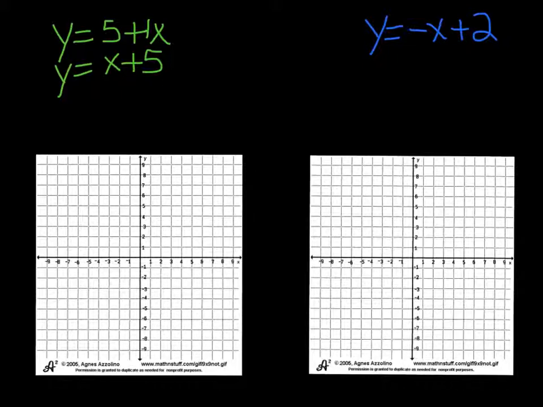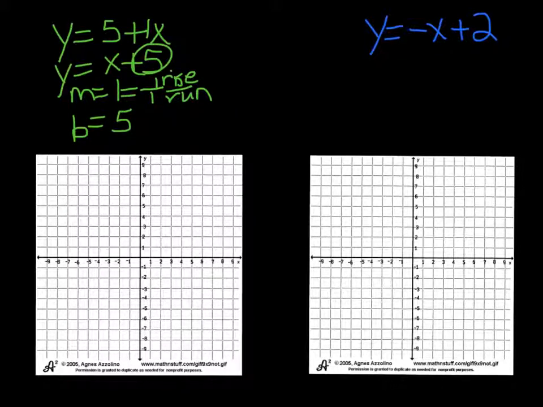So let's identify the slope and the y-intercept. The slope equals 1, which, for the matter of graphing, we could call 1/1 so that we can identify the rise over the run. Well, what's the y-intercept? Remember, the y-intercept is our starting point. The b part of this is 5. That means that's where we're starting on this coordinate plane.